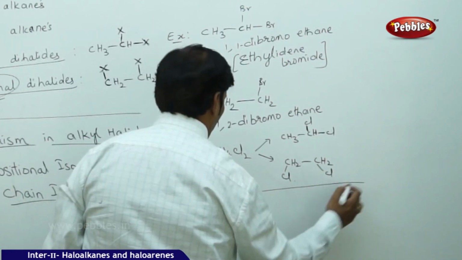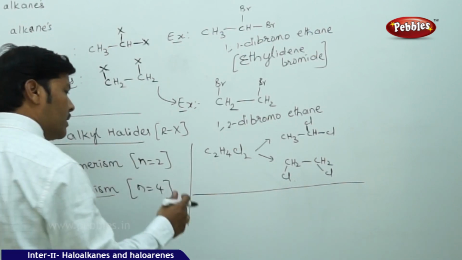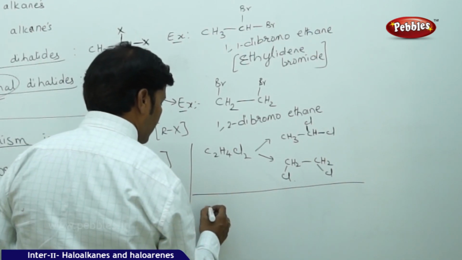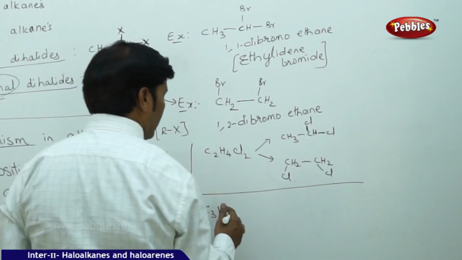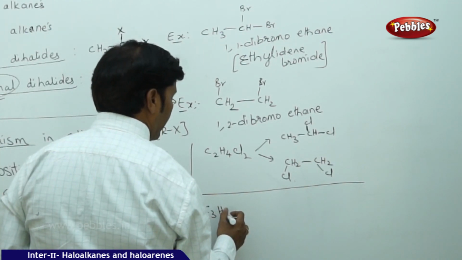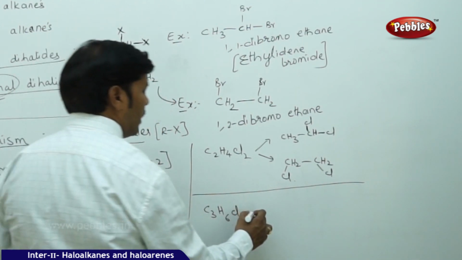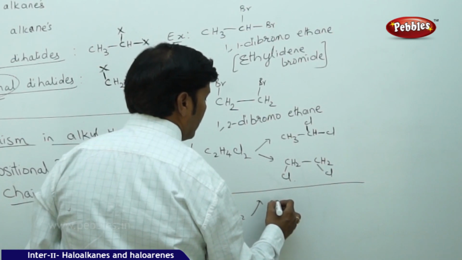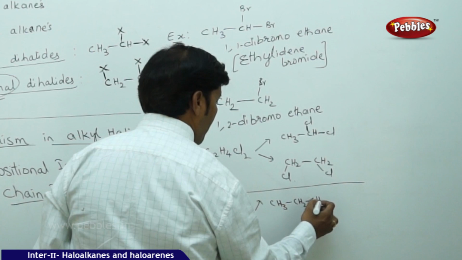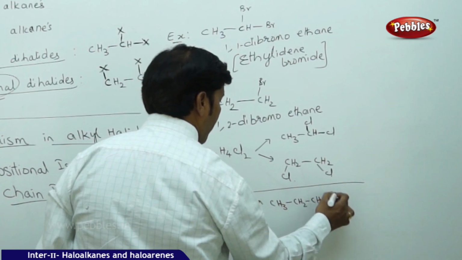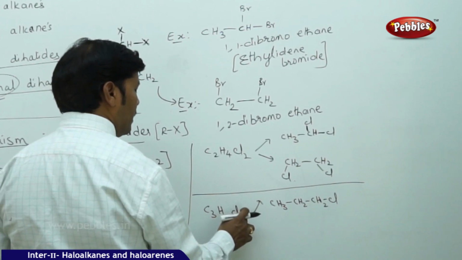Next, if you want, you can take one more example for positional isomerism, that is C3H7Cl.